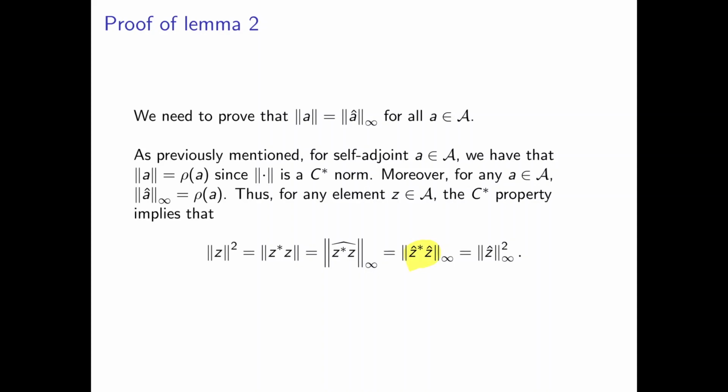And this is, once again by the C-star property for the function algebra of continuous functions vanishing at infinity, equal to this norm here. So we have proven that the norm of Z squared is equal to the norm of Z hat squared, and then of course we can take square roots on both sides and we're done. So this lemma 2 is probably the easiest of the three lemmas to prove.